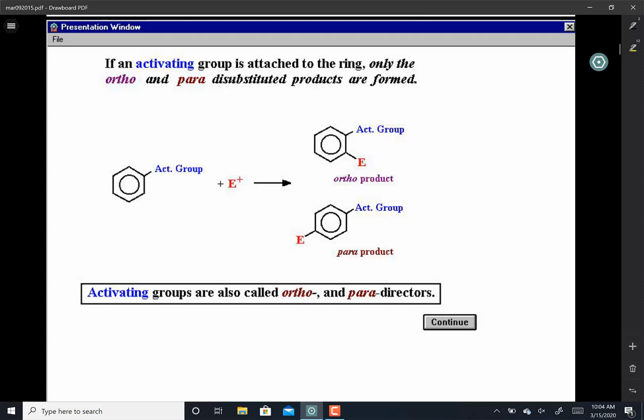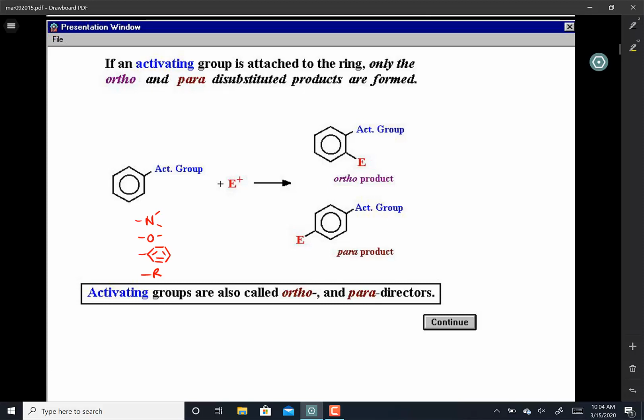And we'll talk a little bit more about that in a few minutes. You get very little meta product with an activating group. So that means that groups with a nitrogen, with an oxygen, with another benzene ring, and with an R group, those are all going to direct the electrophile to the ortho and the para positions.